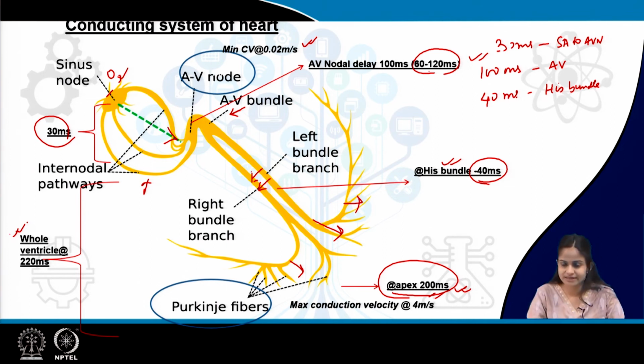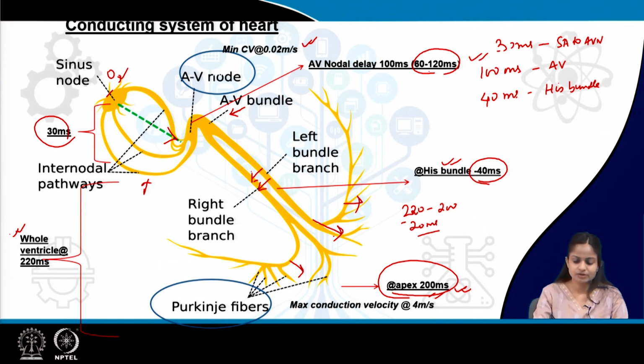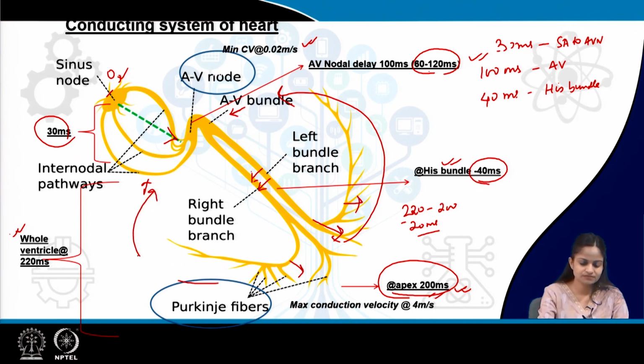So, the whole depolarization takes place at 220 milliseconds, which means the Purkinje fibers take only 220 minus 200, 20 milliseconds, to reach from this ventricular wall to the base of the heart. So, you can understand how fast the conducting fibers, the Purkinje fibers, are.